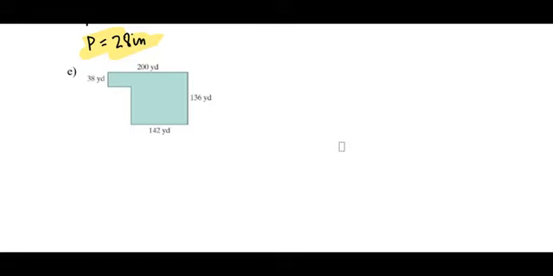So the next one, part E, has all the same units, but we have some missing sides. Okay, so to find the side right here, I need to take 38 from 136, because this entire side looks like it's a rectangle, so it looks like the whole length of the opposite side, what we're looking for, let's call it X, is 136, and then we know that the little part that we already have here is 38.